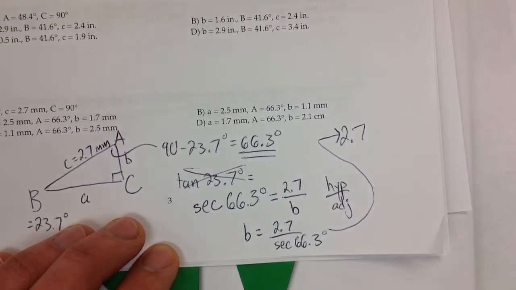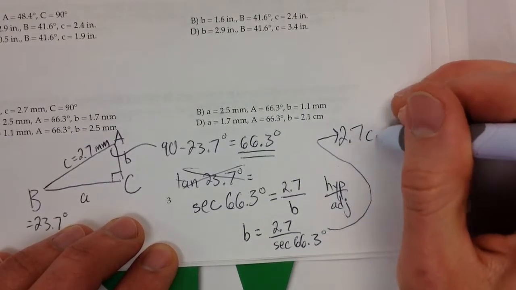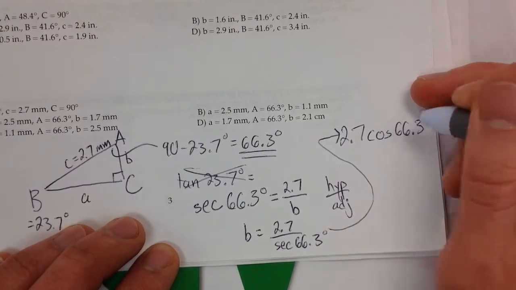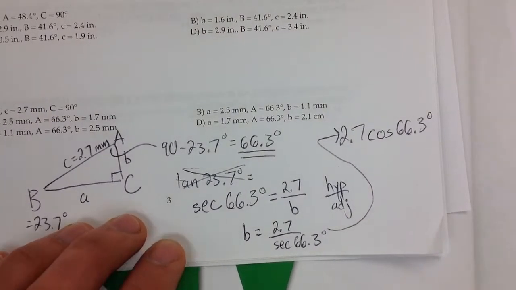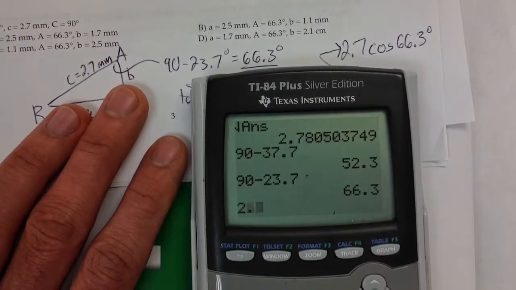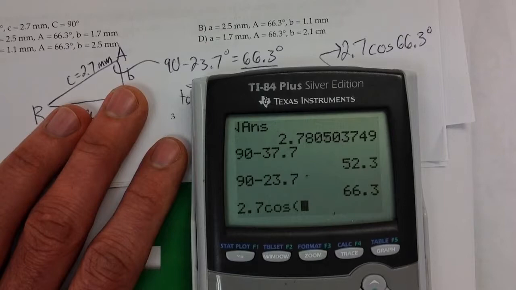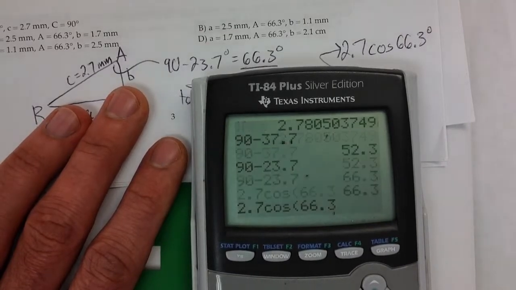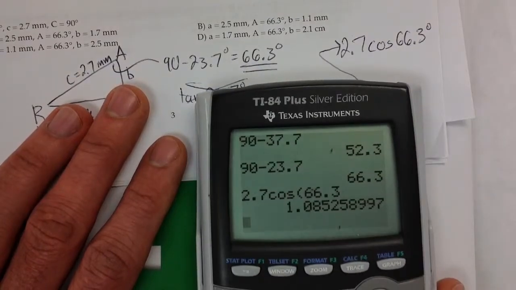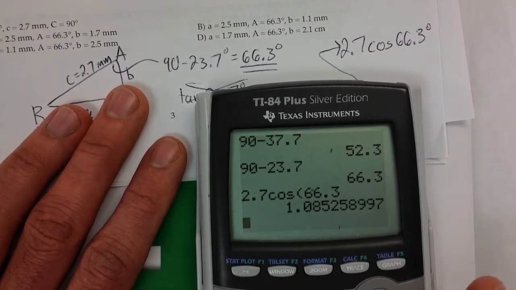Yeah, you said it before. Cosine. Okay, so 2.7 times the cosine of 66.3. Because they're reciprocals. So then you just use your calculator, assuming it's in degree mode. 2.7 cos 66.3. So we have found that side B is 1.09 or 1.1.